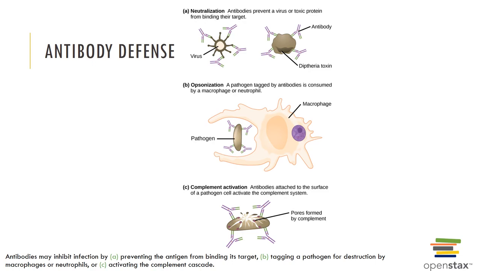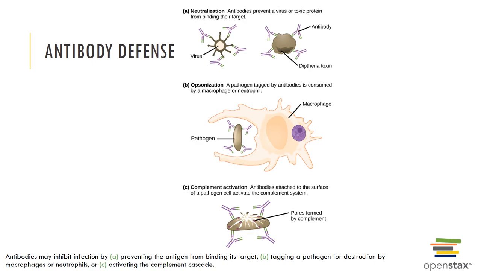Neutralization is one mechanism, and this is where both viruses and bacterial toxins must bind to the plasma membrane of body cells before they can enter or injure those cells. Antibodies can block the binding sites so the viruses or toxins cannot bind to the body cells. This is called neutralization.